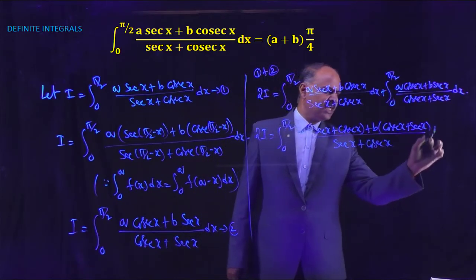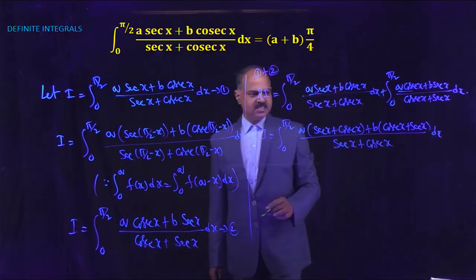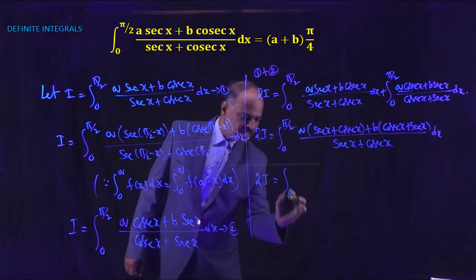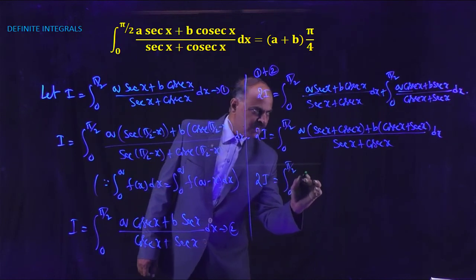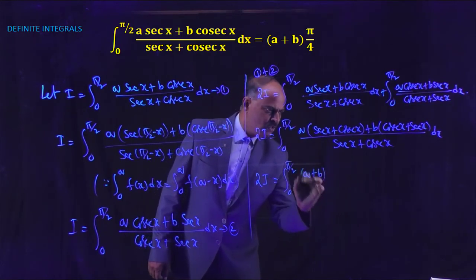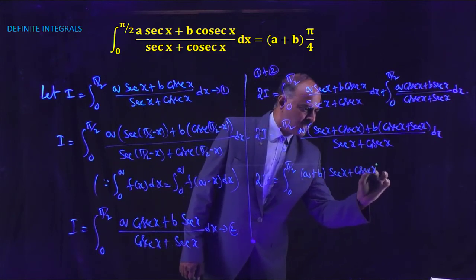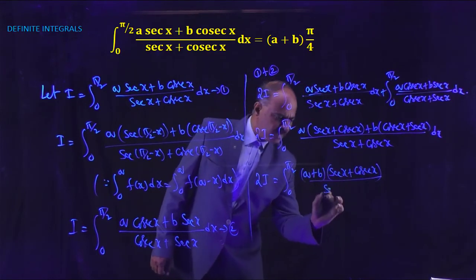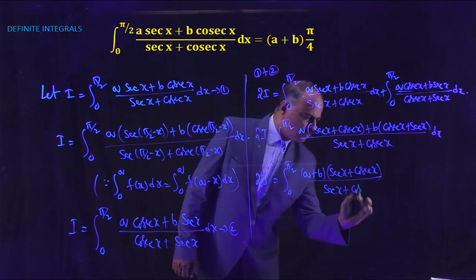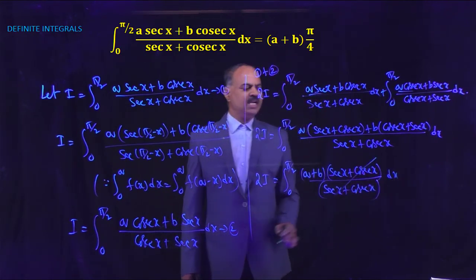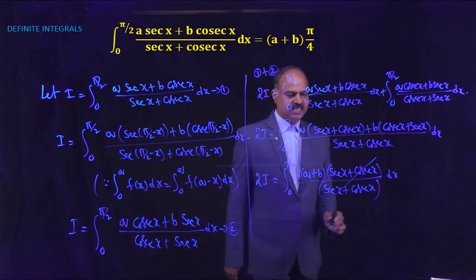In the numerator, secant x plus cosecant x is common, so 2I is equal to the integral from 0 to pi by 2 of (a plus b) into (secant x plus cosecant x) divided by (secant x plus cosecant x) dx. Here secant x plus cosecant x cancels.